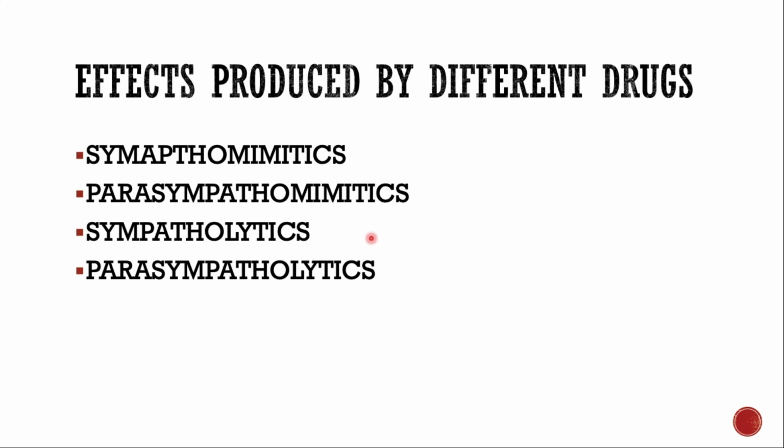These are very important emphasis points that we will discuss in our upcoming sessions. But I want you to think about this one thing: all the sympathomimetic drugs mimic the action of the sympathetic nervous system, and all the sympatholytic drugs oppose the action of the sympathetic nervous system, whereas all the parasympathomimetic drugs mimic the actions of the parasympathetic nervous system, and parasympatholytic drugs oppose the action of the parasympathetic nervous system.